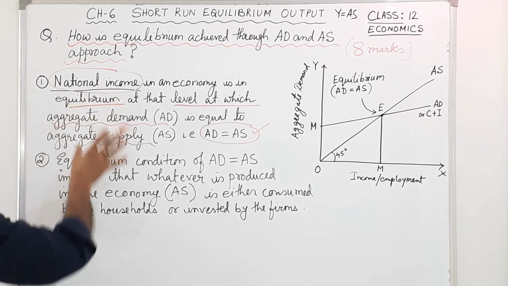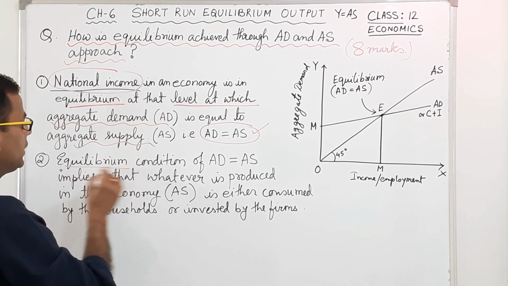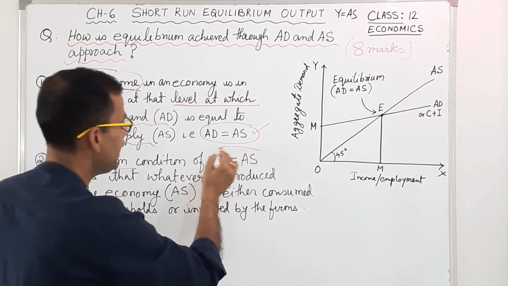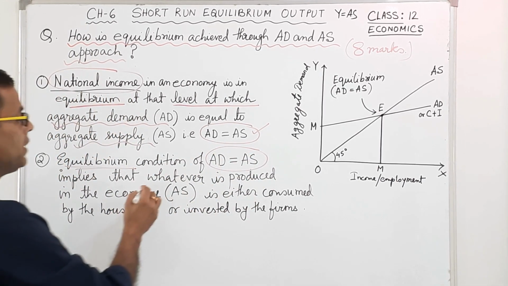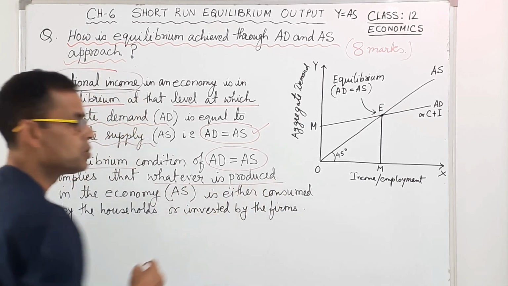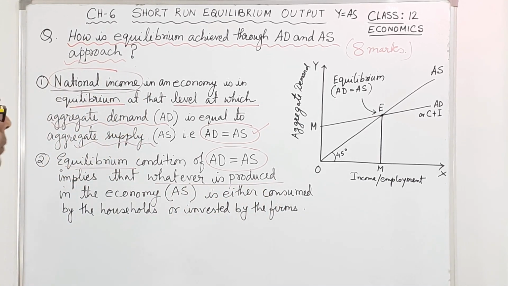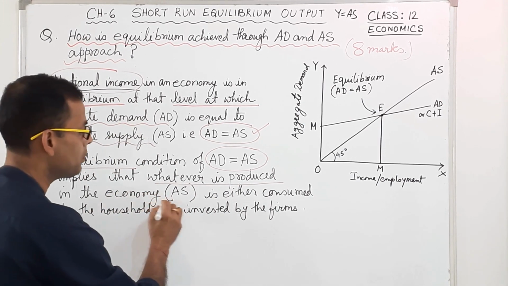Then point number 2, which I have given in bullet points: equilibrium condition. The main equilibrium condition is AD is equal to AS. What does that mean? Whatever is produced, who is producing? The producers are producing the goods. The producers are known as the suppliers.